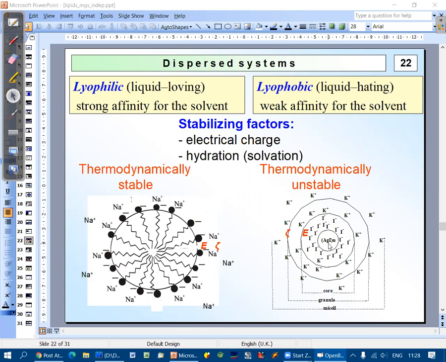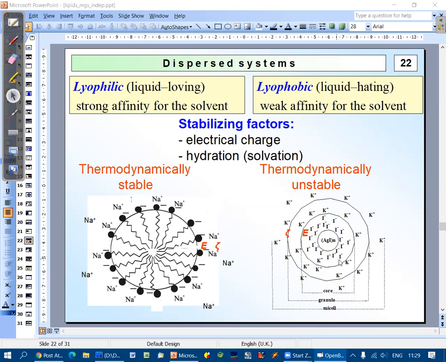I hope you remember that to stabilize such a system, and the system is thermodynamically unstable due to excess of energy on the boundary surface, because the energy is equal to the product of surface tension and boundary surface, we needed to take one of the electrolytes in excess.